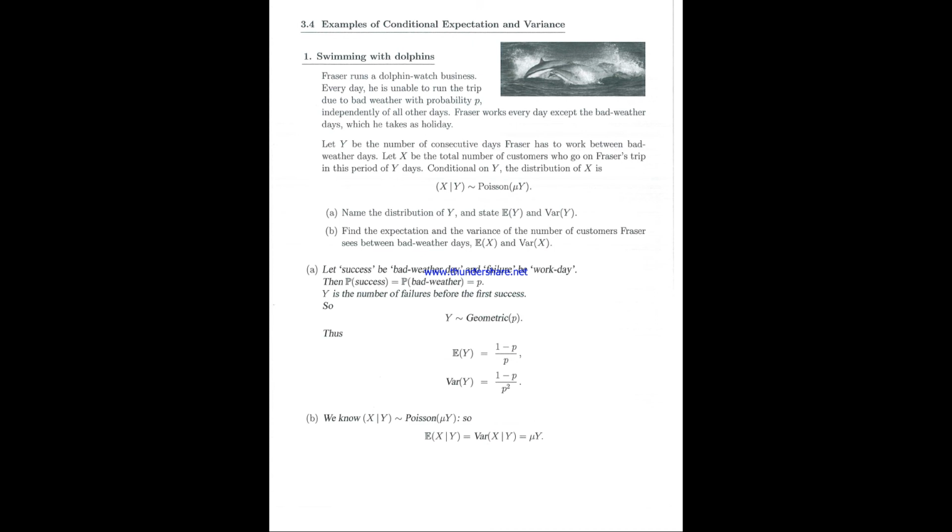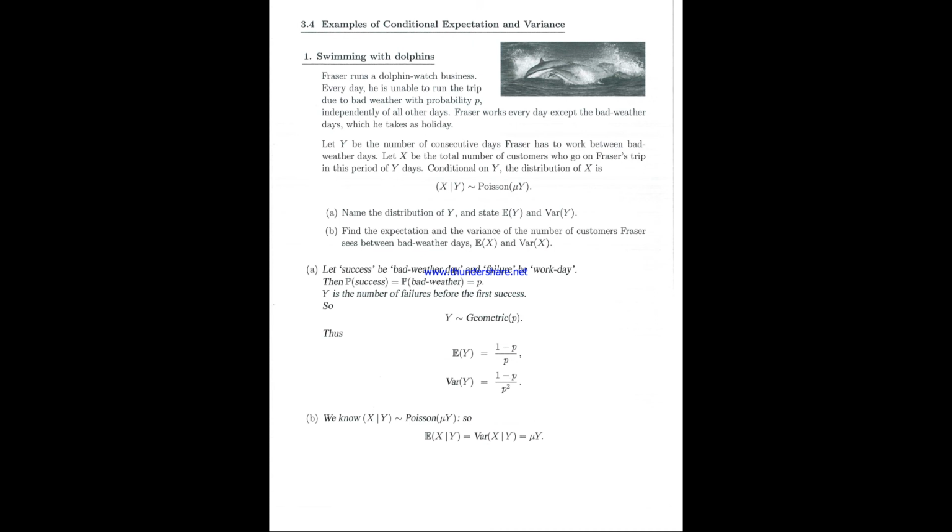Say in day 1 and day 2, there are 20 customers in total. Then x would be equal to 20 when the number of consecutive days is equal to 2. So given that y is equal to 2, x is equal to 20. Now let's say when you take the next 3 days that this person has worked, there are 15 customers.